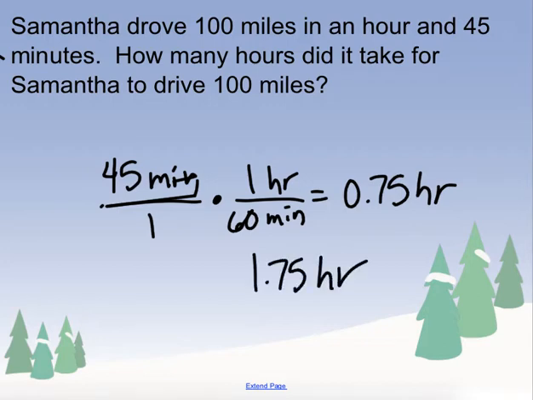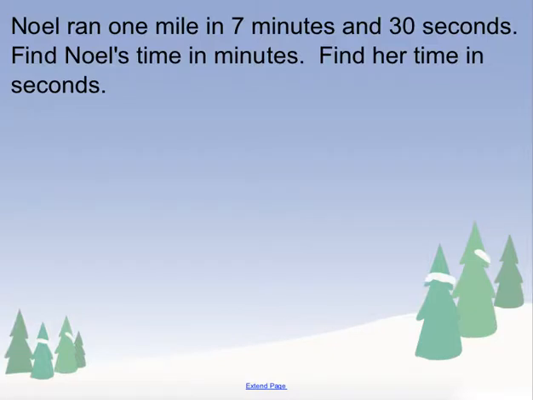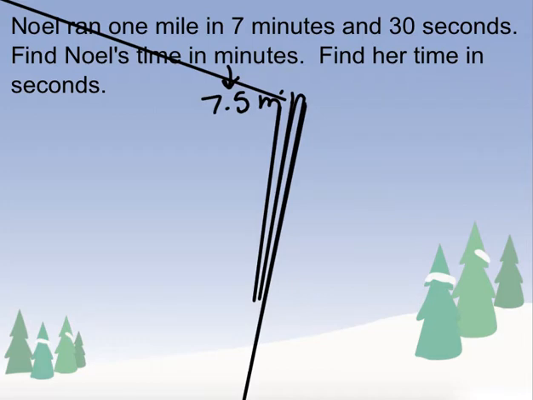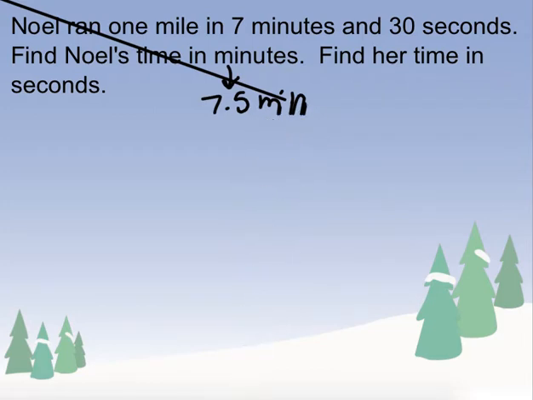Another one. Noelle ran 1 mile in 7 minutes and 30 seconds. Find her time in minutes and find her time in seconds. There are a couple of ways we can do this. In minutes, it's pretty easy to see we have 7.5 minutes, since 30 seconds is half of a minute. But now we need to turn it into seconds.